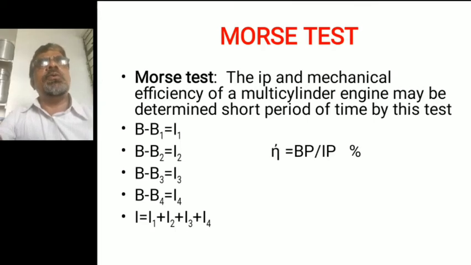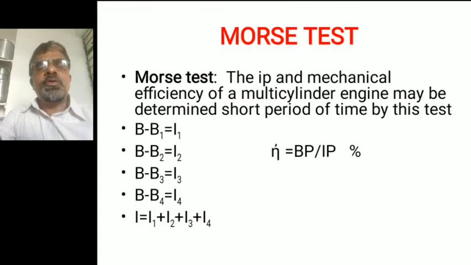If any one cylinder is cut off, then it does not develop any power, but friction power is there. One condition is that we have to maintain uniform speed. How is it maintained? By adjusting the load.